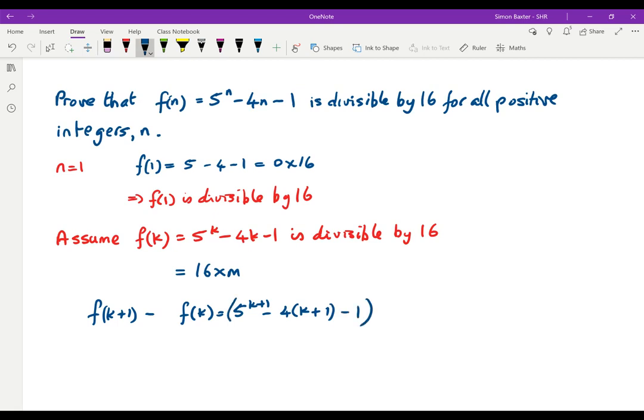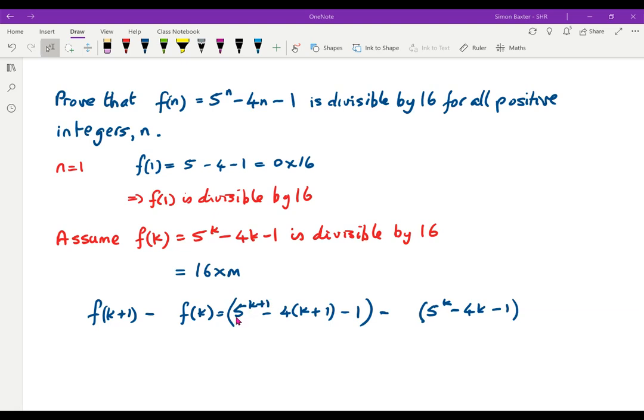So there's f of k plus 1 minus, and I have 5 to the k minus 4k minus 1. Now that sometimes works and sometimes doesn't in these cases. What I like to do is to choose a number here which will get rid of this power of 5. When I do that, I find that everything just drops out nicely for me.